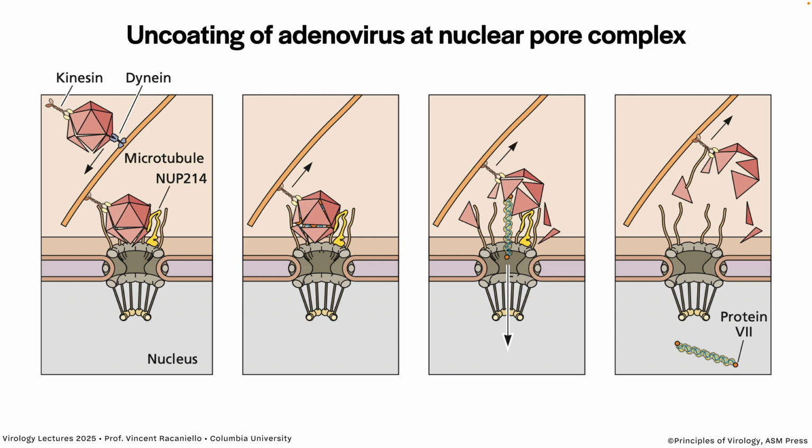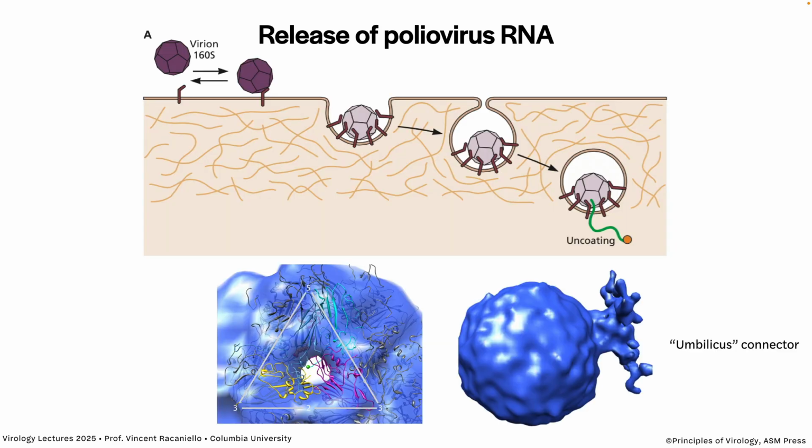But the kinesin motors are still stuck on it, and they start to go the other way, and they basically break up the capsid, because the capsid's stuck on the nuclear pore and the motor's pulling the other way. So now the DNA, which is shown here, can get into the nucleus. The capsid itself is too big to get into the nuclear pore, but the DNA is not, and this is how we break up the capsid to get the DNA in.